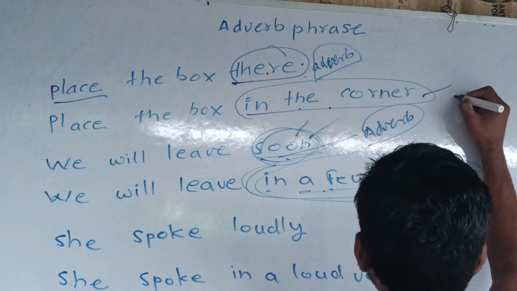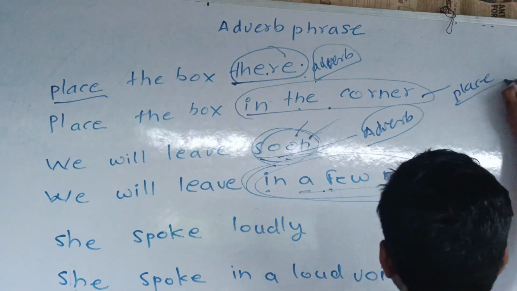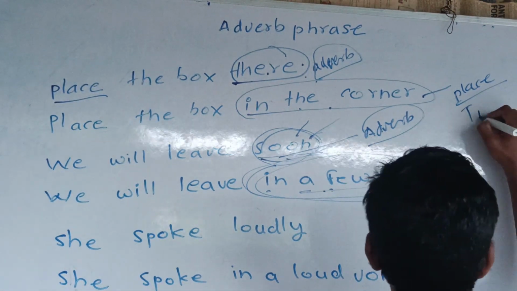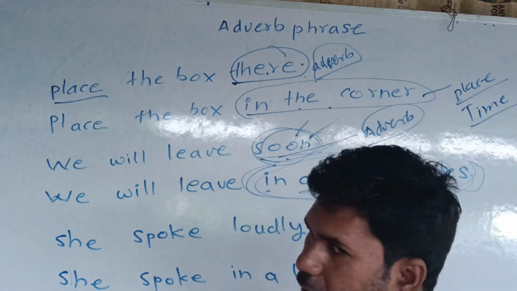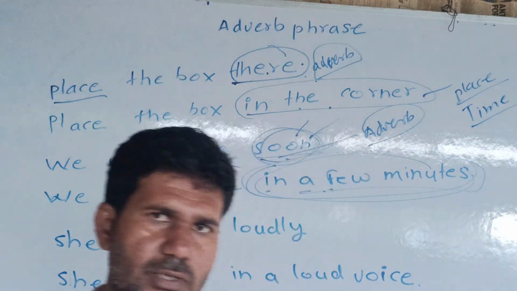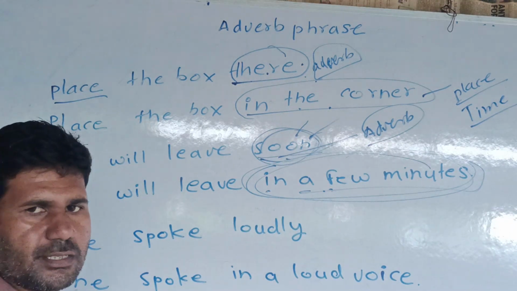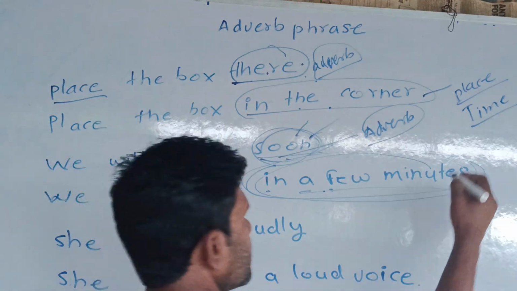So an adverb tells us the place of action, where that action happens; then soon, time, when that action happens. Also it tells us how, meaning manner, how that action happens.